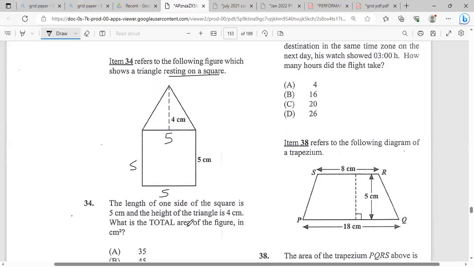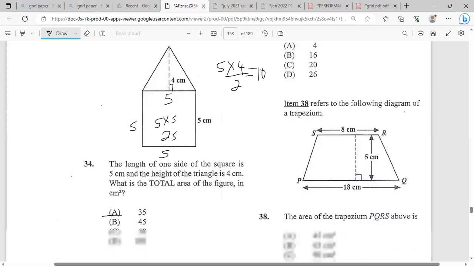What is the total area of the figure? We know the area of a square is 5 times 5, which is 25. This is a right angle triangle, so it's half the base times height: 5 times 4 divided by 2, which works out to 20 divided by 2, which is 10. Add 10 plus 25, and that gives us 35.